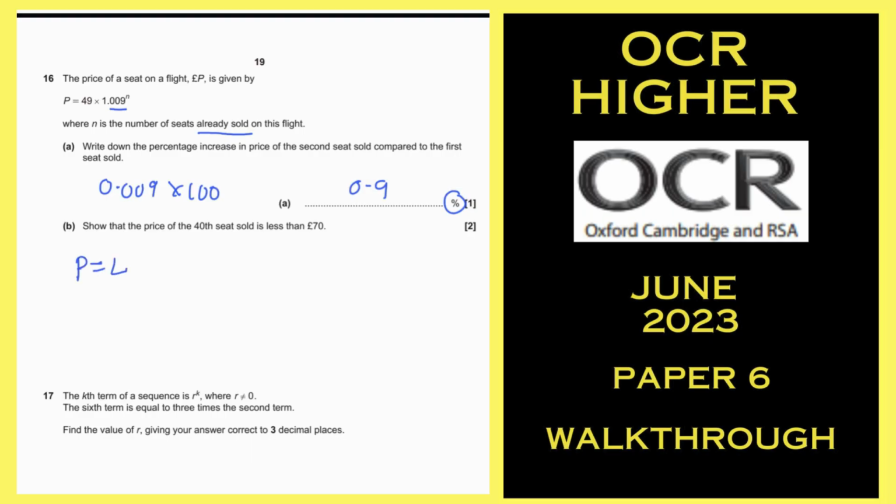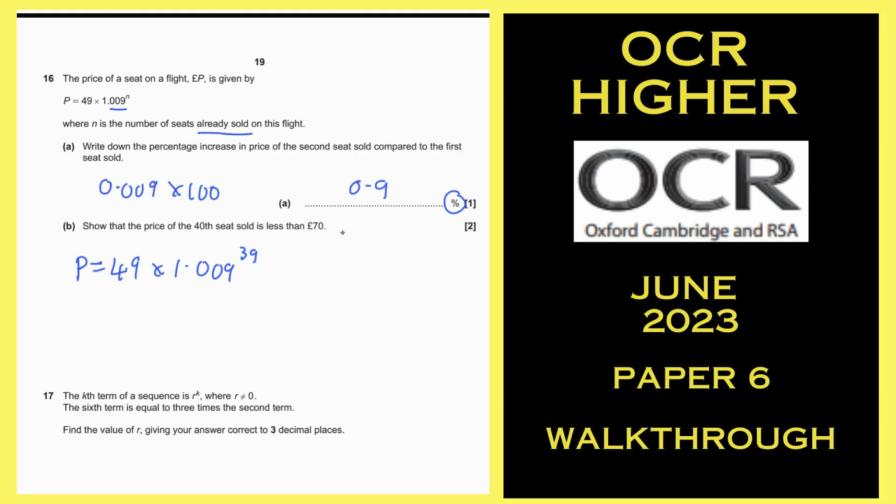Back to your formula, except you need to be using the power of 39. Now, if you use 40, it does just sneak over 70. So that should be a clue that 40 is incorrect.